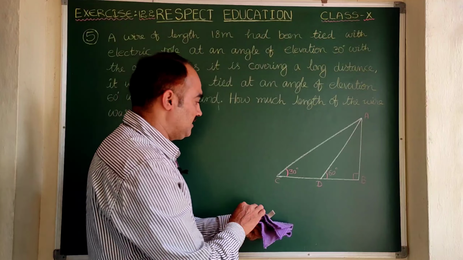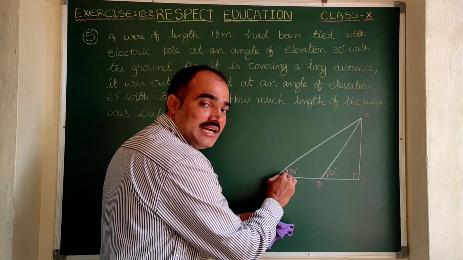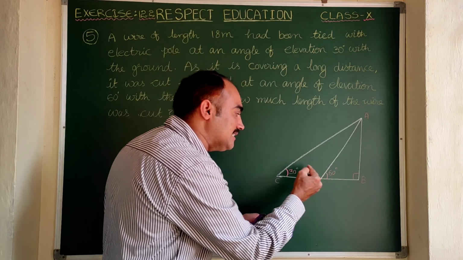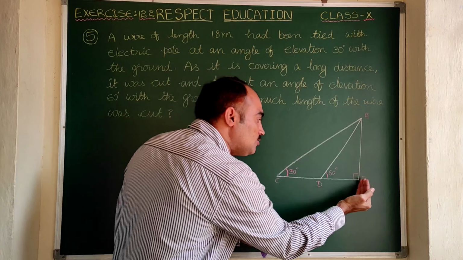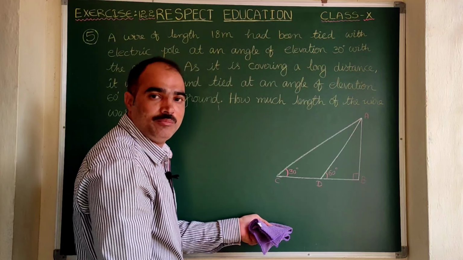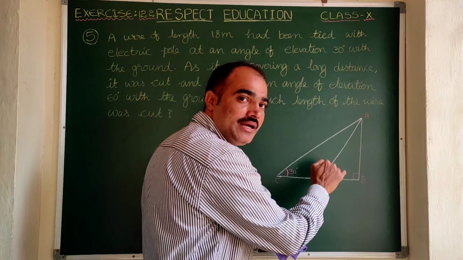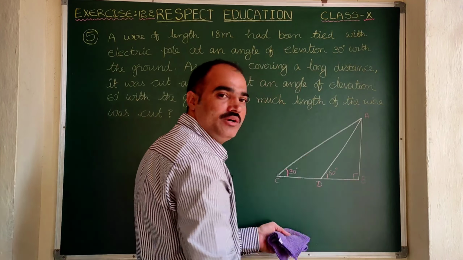Is it clear? As the angle of elevation is 30 degrees, compared with 60 it is the lesser angle. This point is very far away from the pole, whereas with the bigger angle it will be closer to the pole.